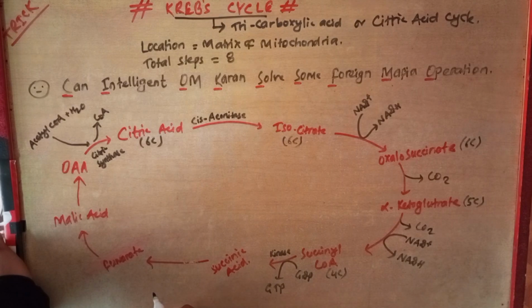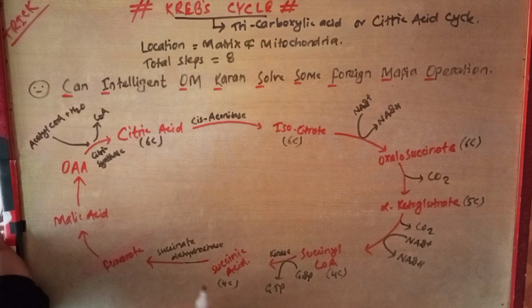In succinic acid, the enzyme used is succinate dehydrogenase, and this is also 4 carbon because CO2 is not liberated in these steps.